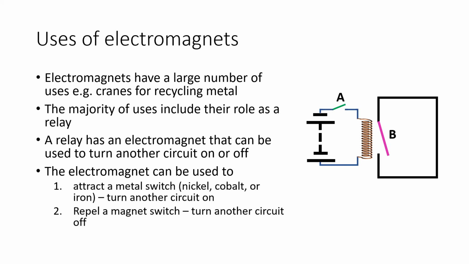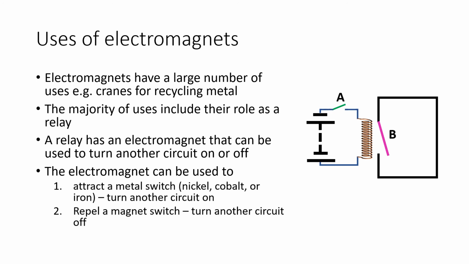There are some simple examples of electromagnets. For example, anywhere there's recycling and they want to remove metal from particular groups of material, that's a good way of doing it. Picking metal up and moving metal. Think of the large cranes that move the big giant storage containers at the docks.